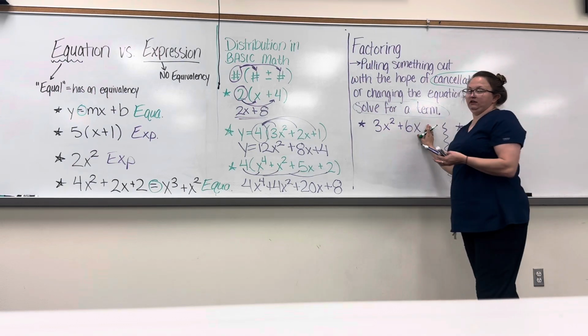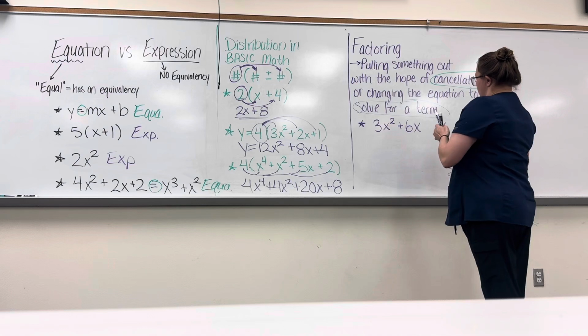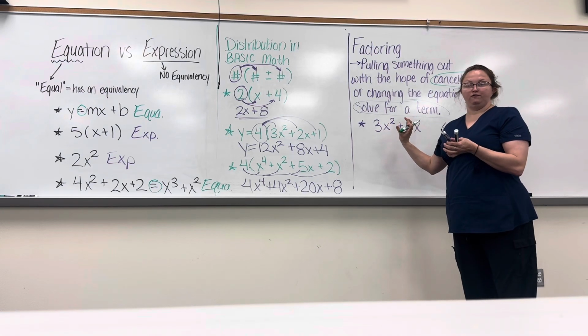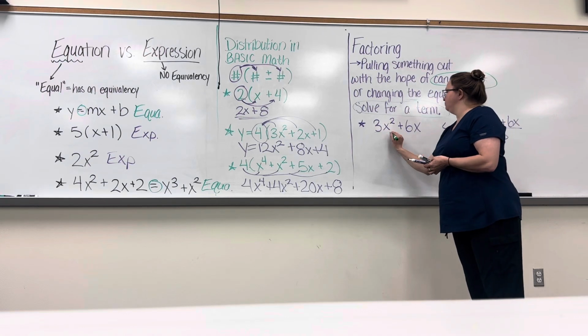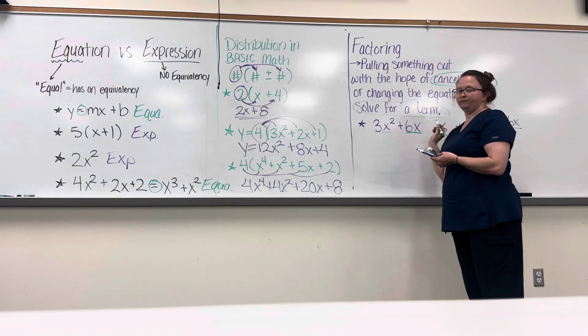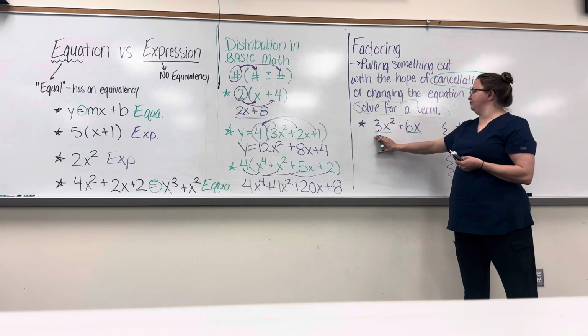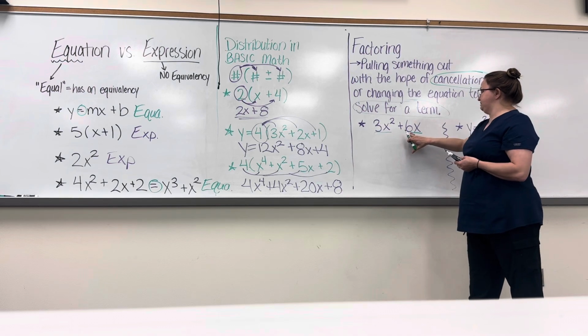So here you're given an expression. Once again, no equal sign, it's an expression. The goal of this is just to find a common factor within each of these terms. This is 1 term, 2 term. All right, so what goes into both of these? Well, there's a 3 here, and you know that 3 goes into 6 twice.